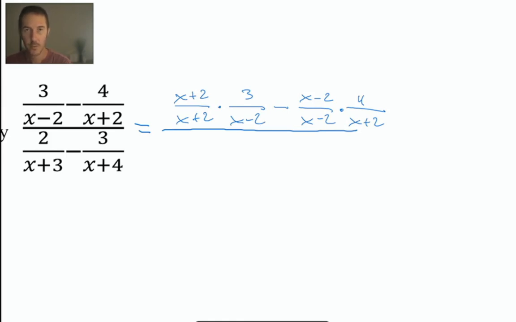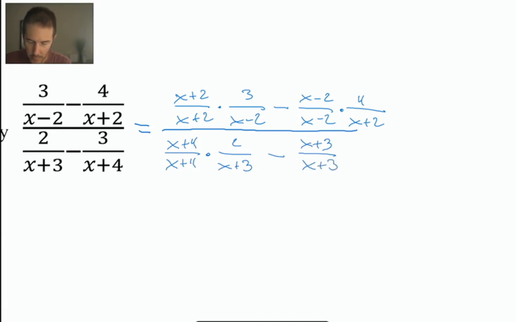Let's go through the same process in the big denominator. Let's multiply our first fraction by x plus 4 over x plus 4 times the original 2 over x plus 3 minus multiplying this time by x plus 3 over x plus 3 times the original fraction, 3 over x plus 4.